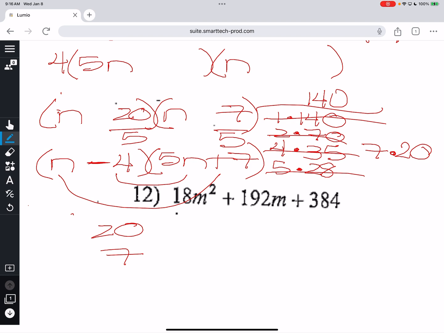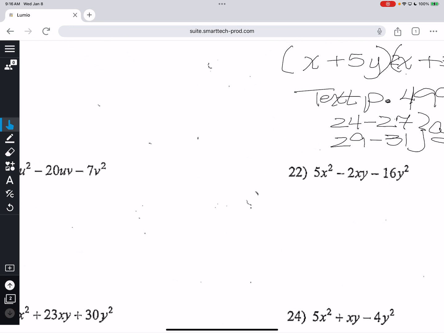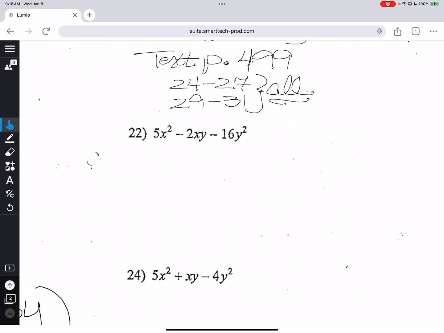So check it out. I want you to try bottoms up with 22. Which also has to add up. x squared minus 2xy minus 80y squared.